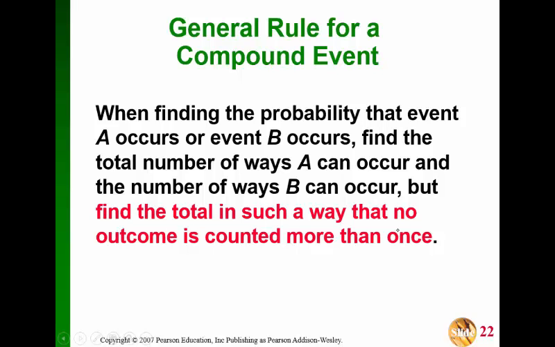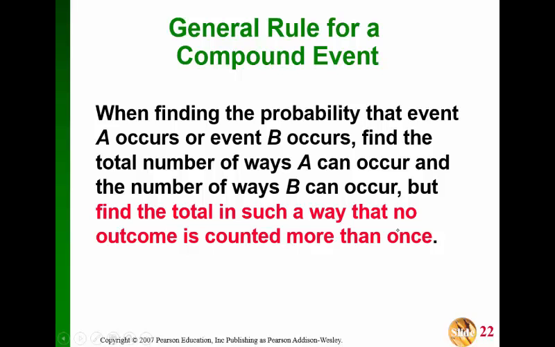When we count the number of simple events, we want to make sure that we don't count a particular event more than once. That's what happens with the compound event: when we're counting these things, we don't want to count anything more than once.